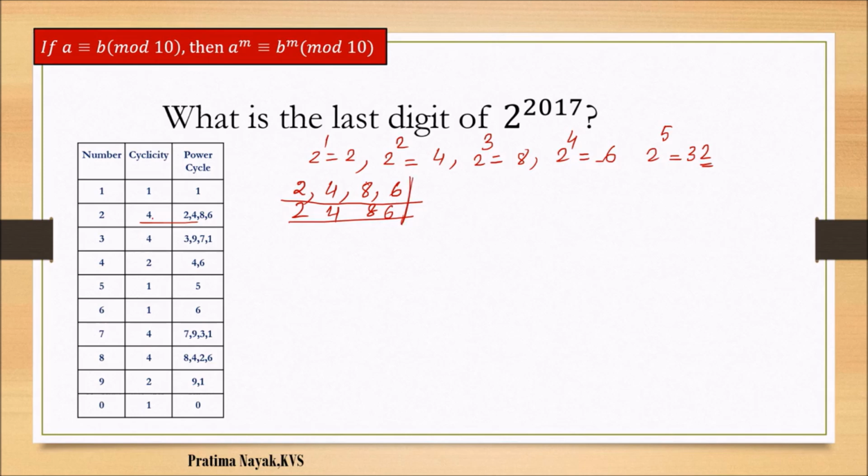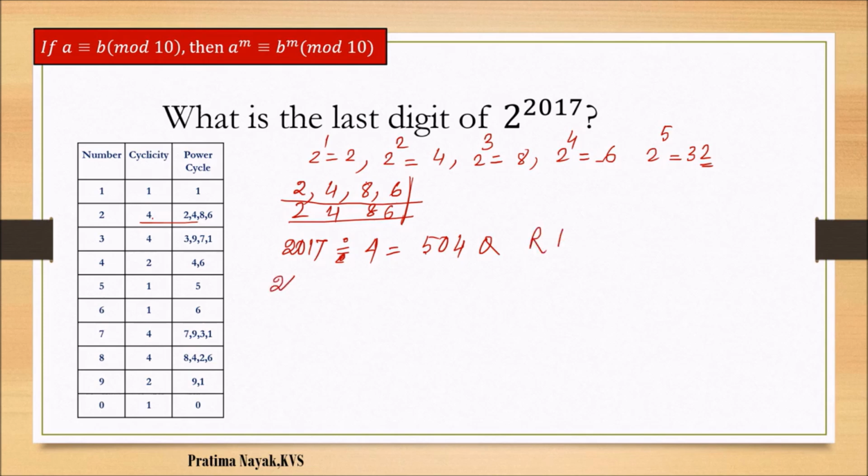So now let us see 2017 can be written as, I'll see how many cycles it will complete. So I'll divide by 4. 504 is the quotient and remainder is 1.